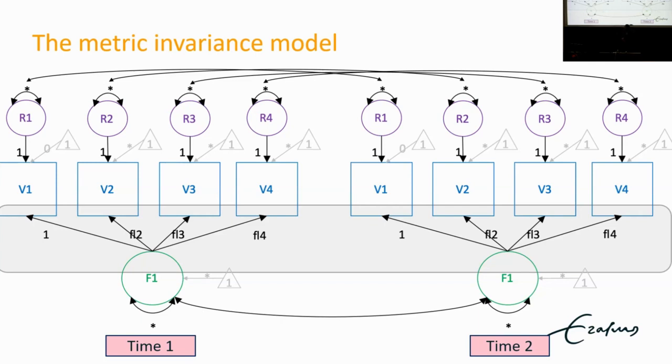But here we say if metric invariance holds, then the factor loadings have the same size. So FL1 connecting variable 2 to factor 1 at time point 1 should have the same value as that factor loading at time point 2. The same for the factor loadings of item 3 and item 4.